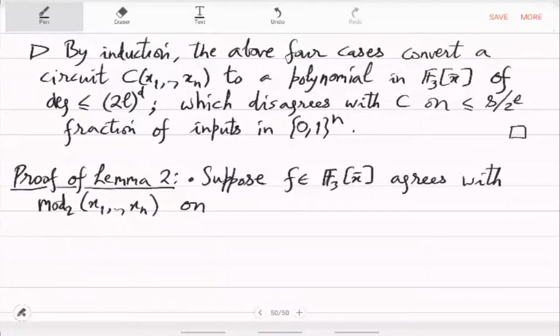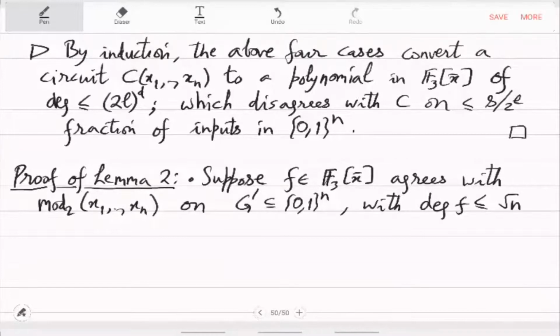It agrees on some inputs, say call it G prime, and has low degree, right. So mod 2 is happening for n variables, but the approximator has degree square root n.